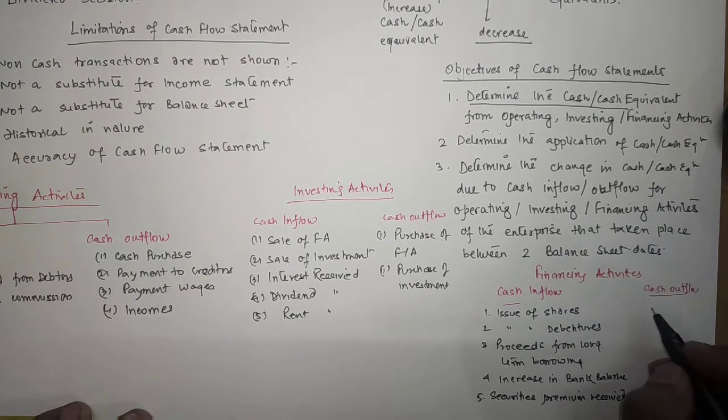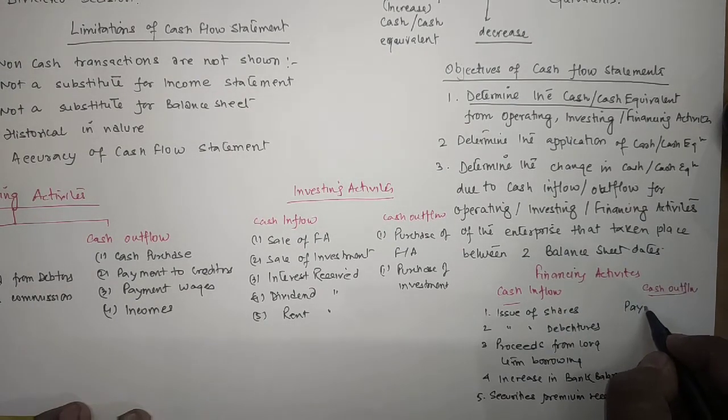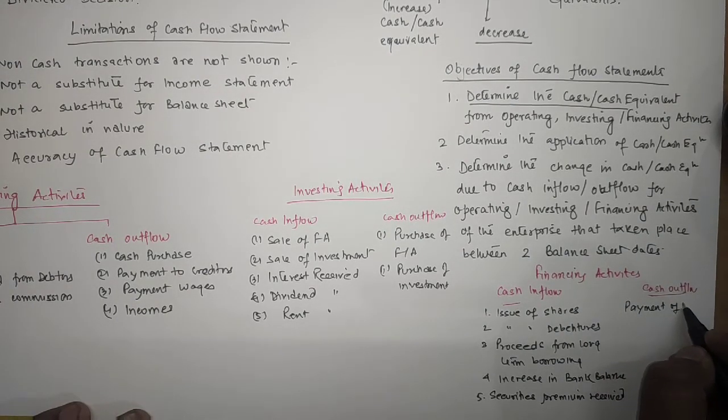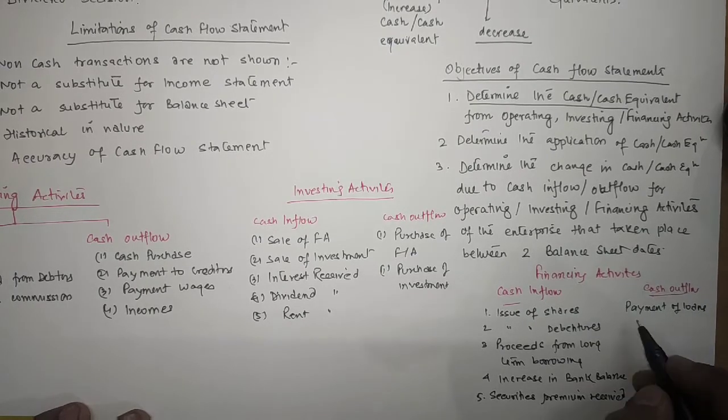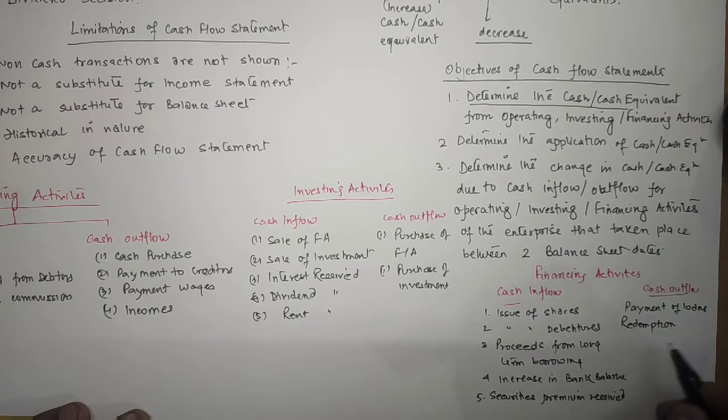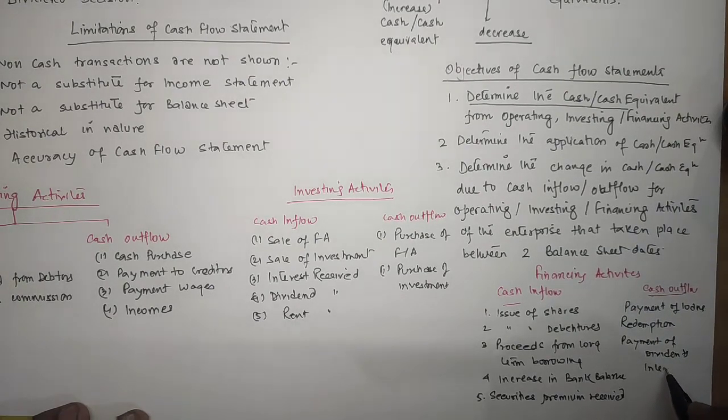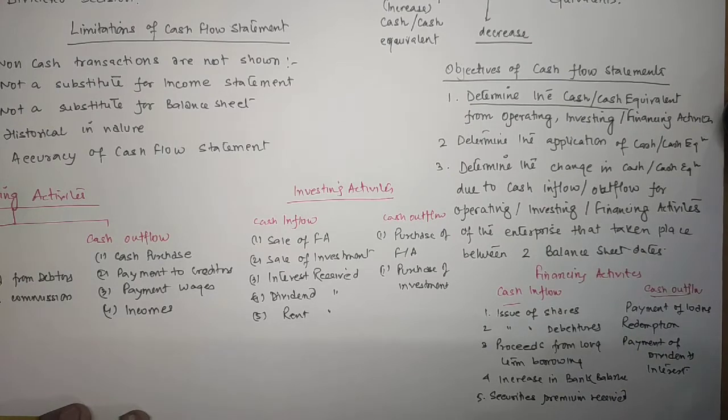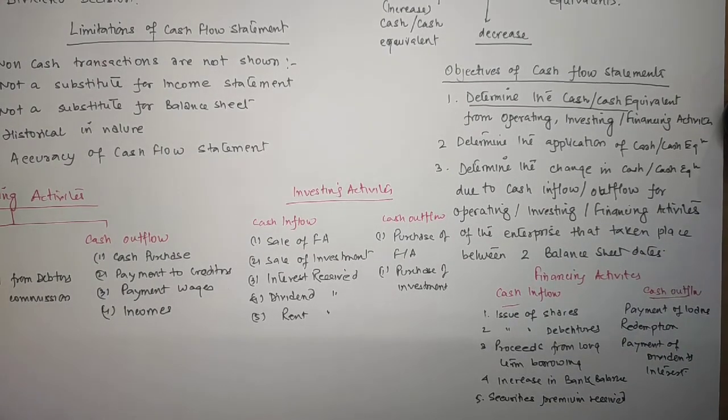And when it comes to outflow, we have payment of loans, redemption, then payment of dividends, and interest. So these are all from financing activity.